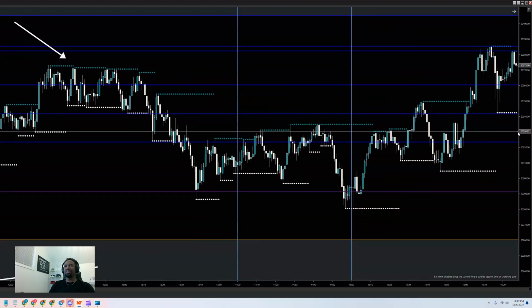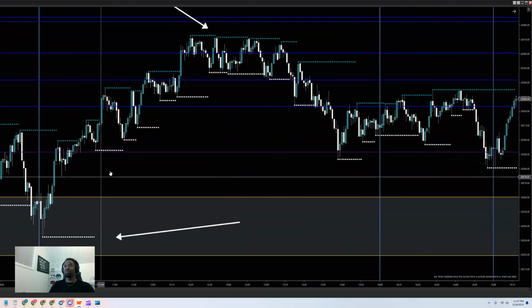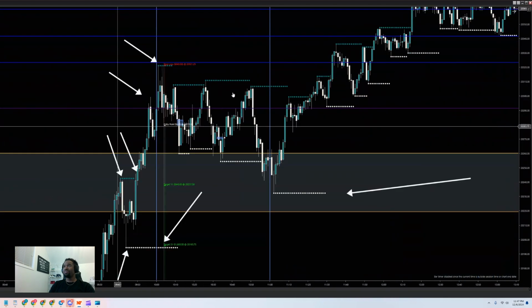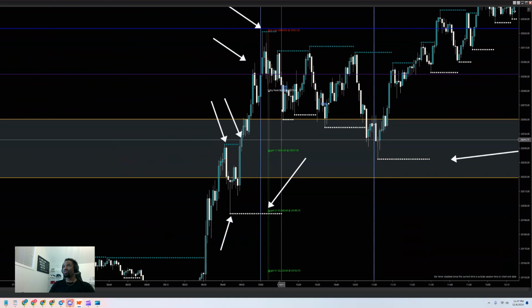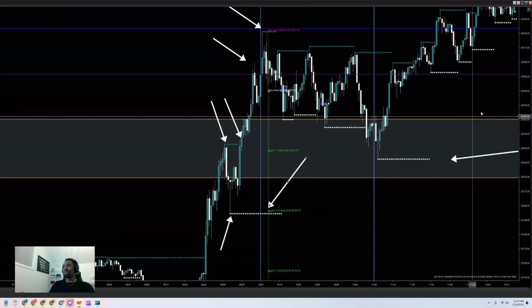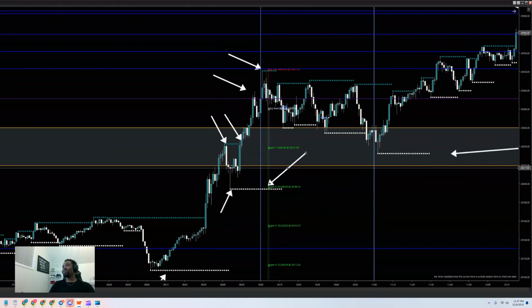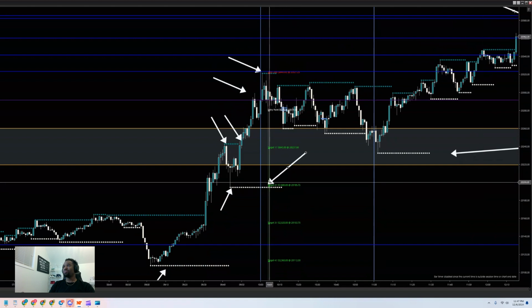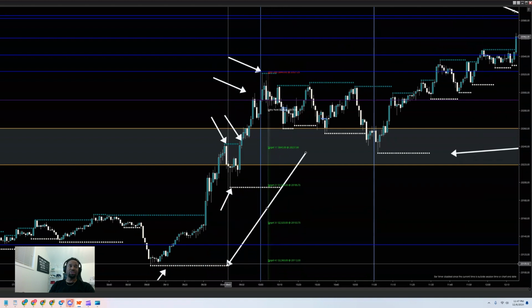I think another key point to remember whenever you're entering these trades is that you always want to make sure wherever your entry is, it's at least 40 ticks away from the opposite side liquidity.